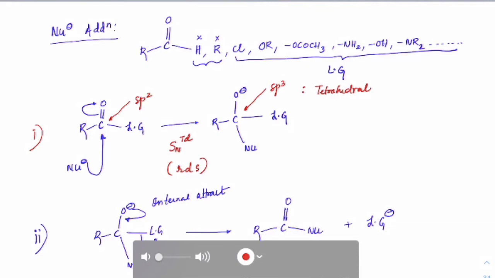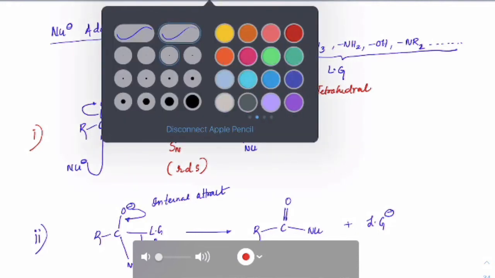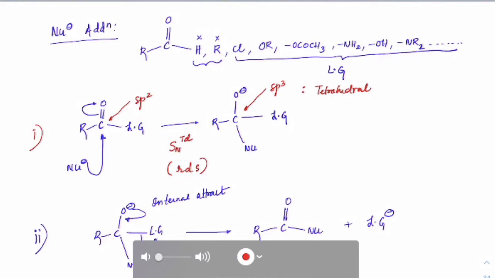So if you see the first step, what happened? In the first step, a nucleophilic addition took place. And here an elimination took place. What elimination? Alpha elimination. On the same carbon, there was a double bond formation and elimination of that leaving group. Hence, there was a nucleophilic addition and elimination.